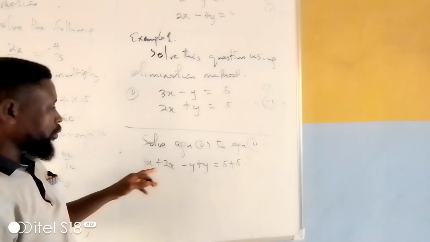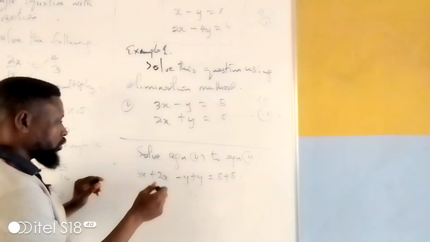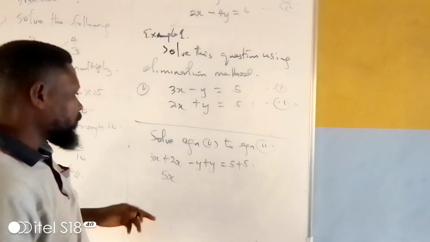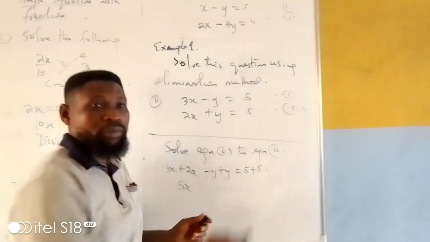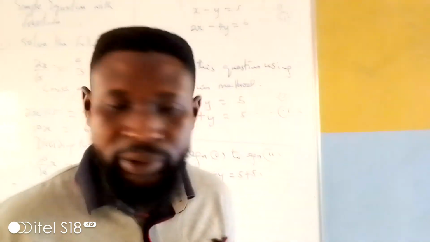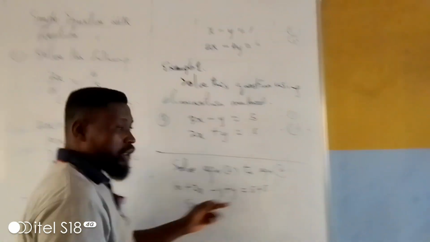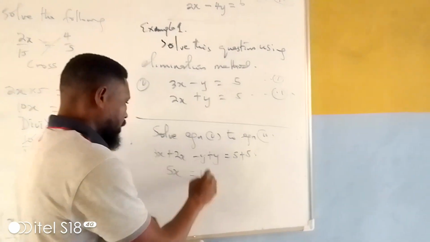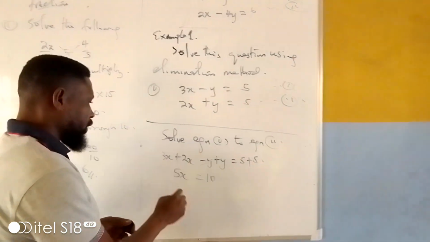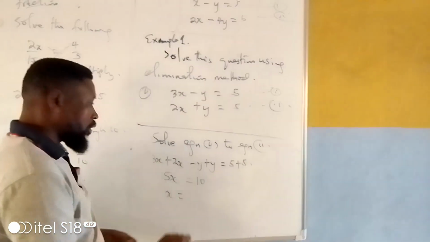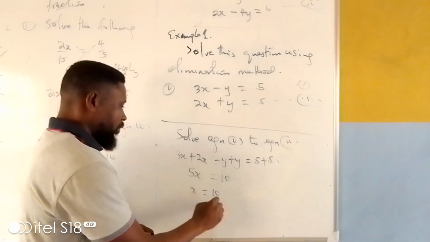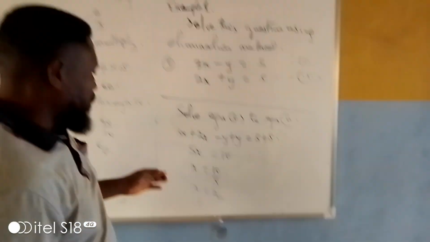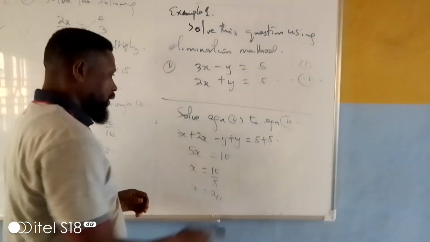So 3x plus 2x equals 5x, and minus y plus y equals 0. So this is eliminated as the name implies. 5x is now equal to 5 plus 5, which is 10. Of course, the value of x can be found at this moment. The value of x will be 10 over 5, which is 2. So by this, you have found the value of x.